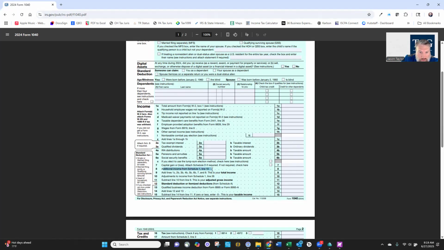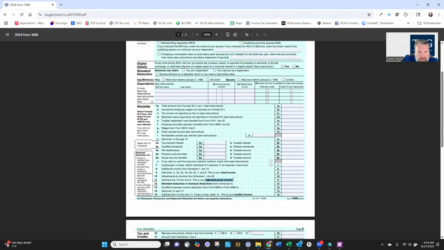Schedule 1 is other income, mostly business income, and then sometimes you have some deductions off of Schedule 1. That is on another line, adjustments to income from Schedule 1. So now we get into some of our deduction stuff. We have some potential deductions off of Schedule 1. Those usually aren't applicable.